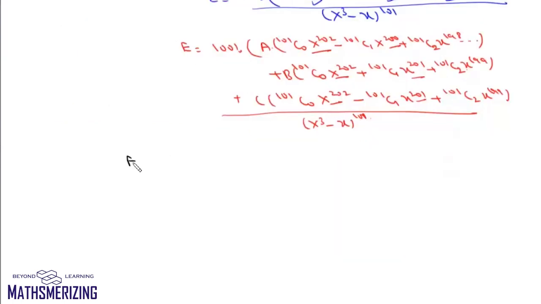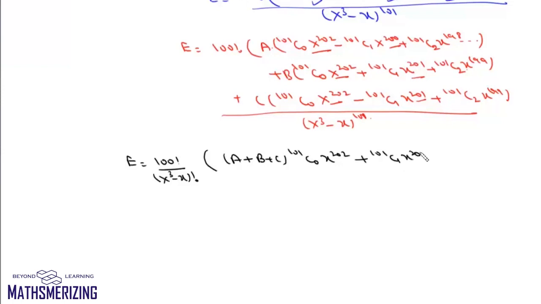So we can write this E as factorial 100 upon (x cube minus x)^101, and it will be (a plus b plus c) 101 c0 x to the power 202, plus 101 c1 x to the power 201 (b minus c), and then minus a into 101 c1 into x to the power 200.